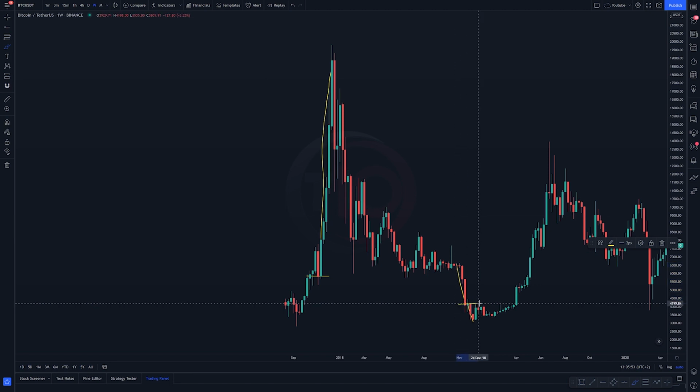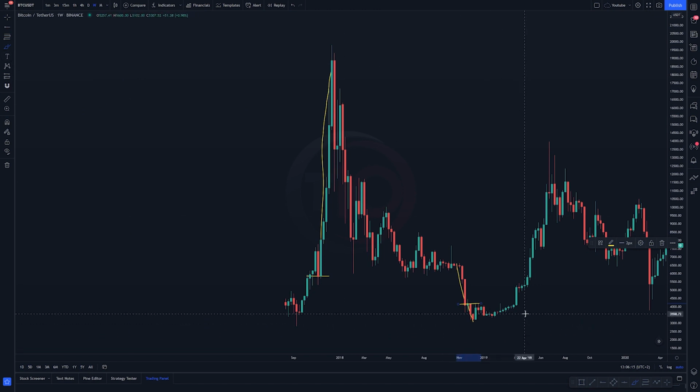So we have this one around 4K, and I have the bigger one from the main dump from 6Ks. So these levels will probably be very important later. So lost the weekly, move to the lows here.